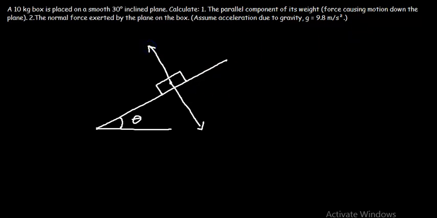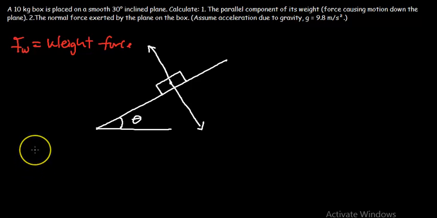But let's start with the weight force. The weight force is simply the longest vector straight down, and it's denoted by Fw. This is what we call the weight force.